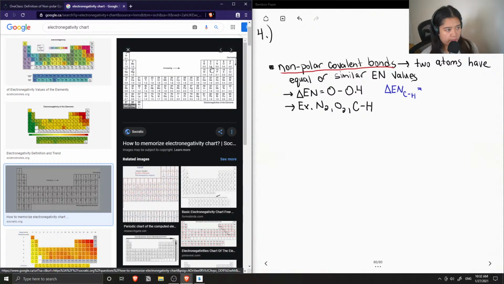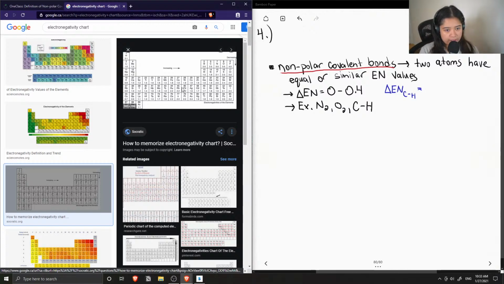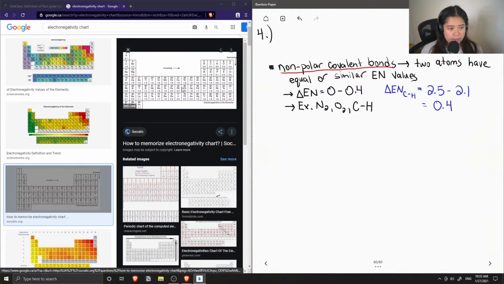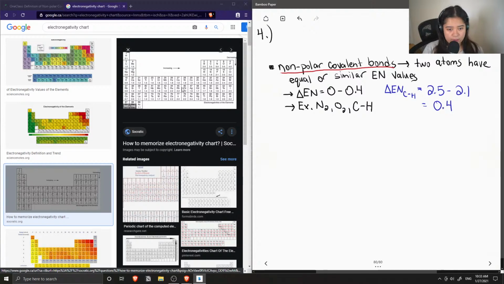So carbon has an electronegativity value of 2.5, and hydrogen has an electronegativity value of 2.1. So 2.5 minus 2.1 is equal to 0.4. So this lies within this range of 0 to 0.4, which makes our carbon-hydrogen bond nonpolar.